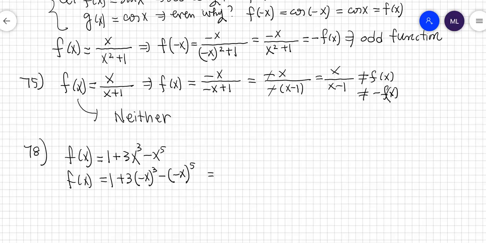So this is 1 plus negative x cubed minus negative x to the fifth, which is 1 minus x cubed plus x to the fifth. Although these two signs are switched, one stays put. So this means neither. Right. So that should take care of it.